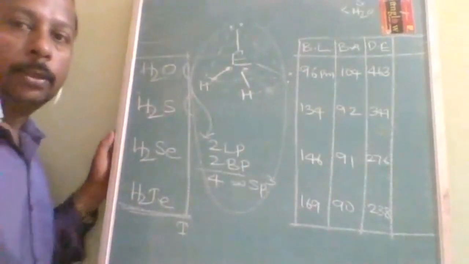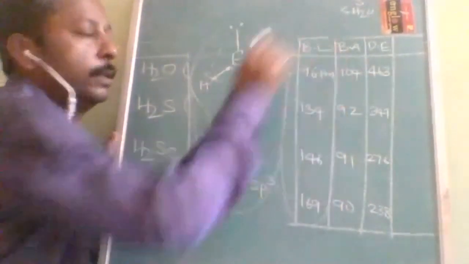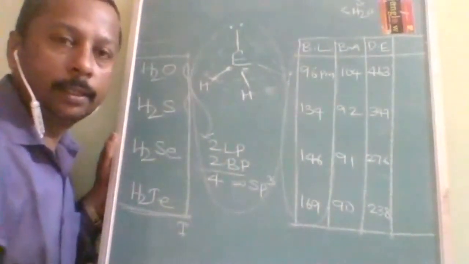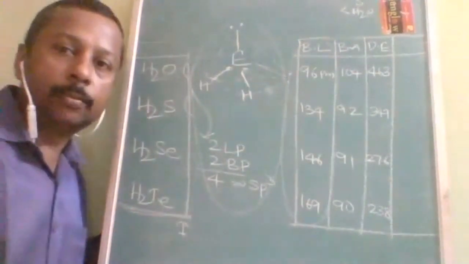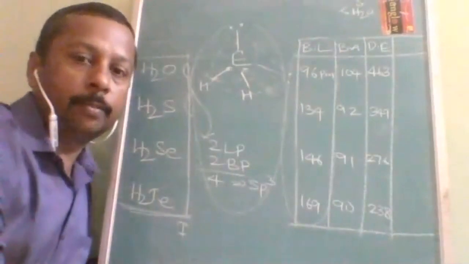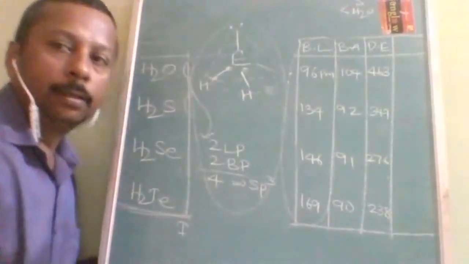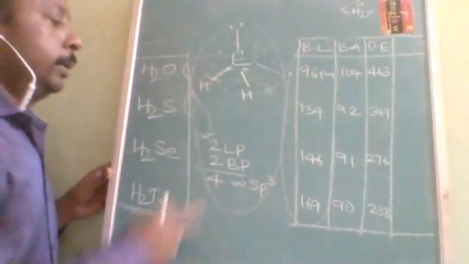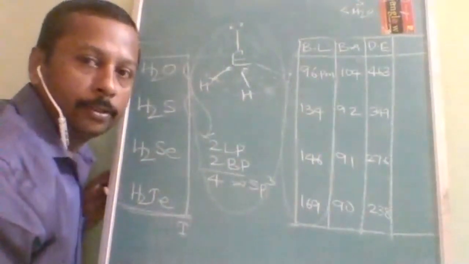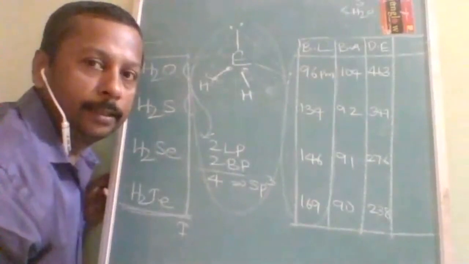Based on this, there is one consequence. Bond length increases, then bond energy decreases. Now down the group, bond length increases due to increase in atomic size.